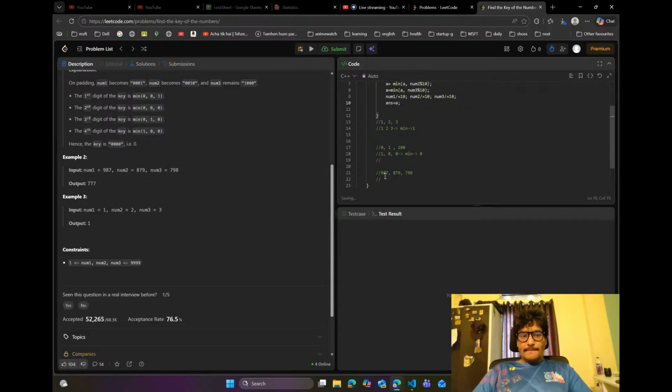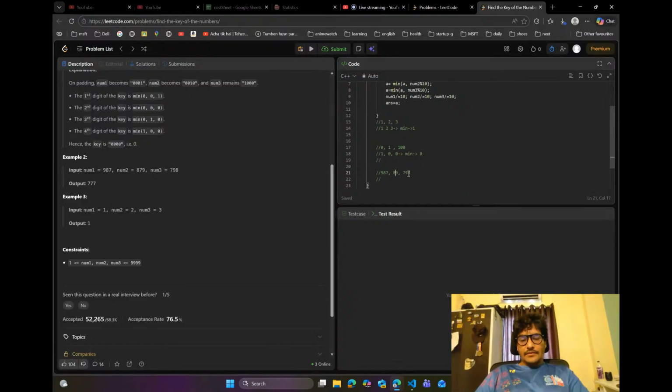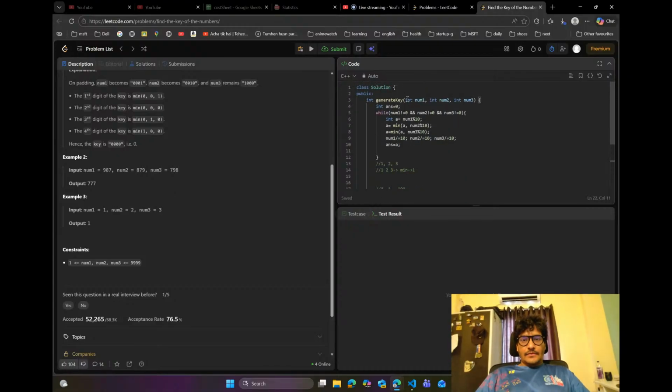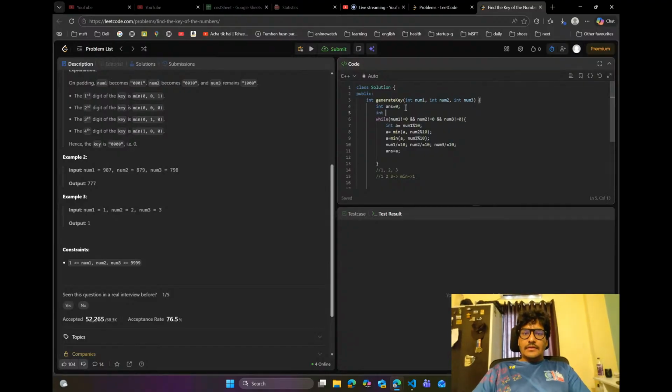Now we got again 7. Or let's say, now we got 6. So this 6 needs to be multiplied by 10. Then we need a multiplier, which is initially equal to 0.